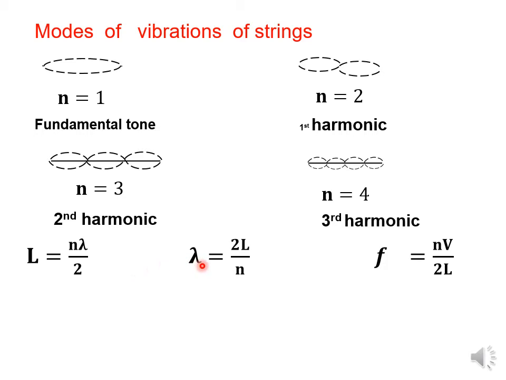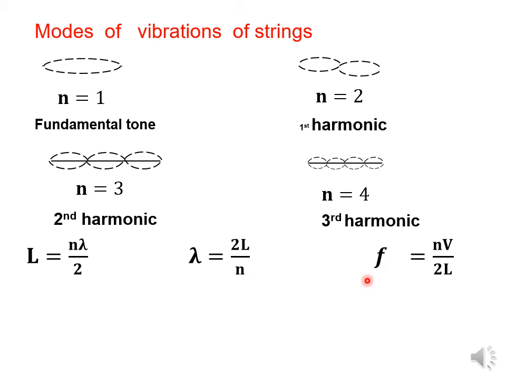Lambda equals 2L divided by n, where L is the length of the string and n the number of segments. In the case of the third harmonic, lambda equals 2L divided by 4. In the case of the fundamental tone, lambda equals 2L, because n equals 1.